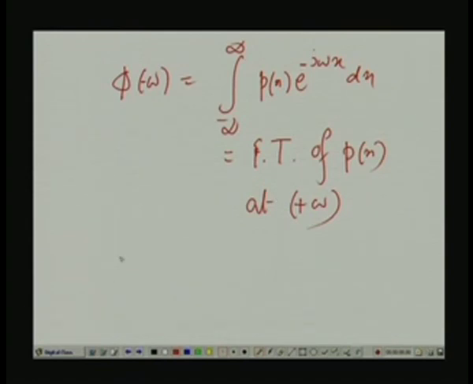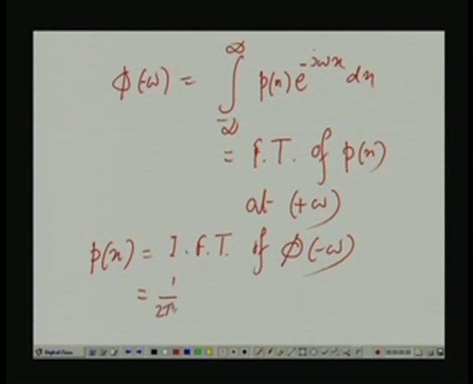Okay. So, that means what is P x? The inverse Fourier transform of phi minus omega. So, P x is the IFT, inverse Fourier transform, of phi minus omega, which is nothing but 1 by 2 pi times the integral of phi minus omega e to the power j omega x d omega.